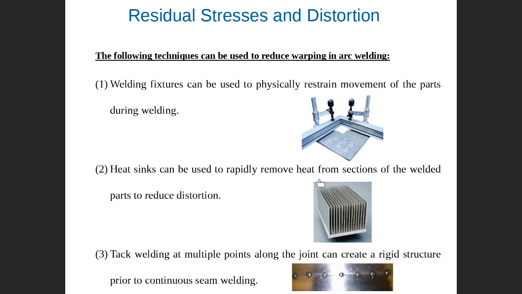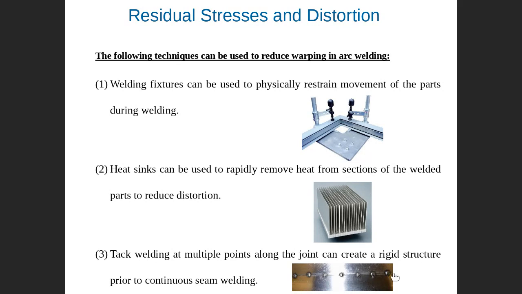So either you can use the fixture, you can use the heat sink, or you can use what we call tack welding. Several tack welds here. Initially, you do tack welding at multiple points, and a long joint can be created. You create several tack weld points initially, before you do the welding. Then later you do the welding. These weld points make the part rigid.